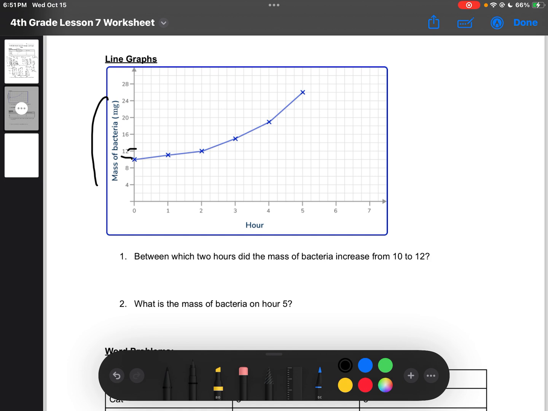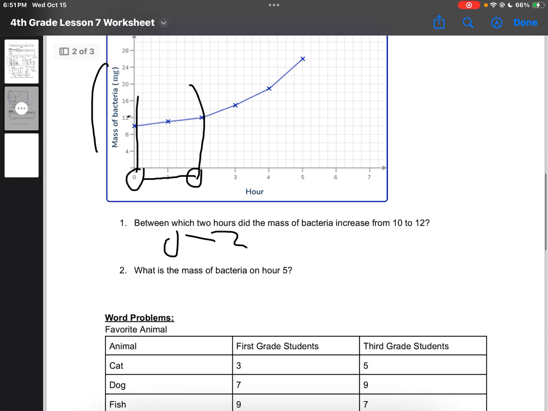We're trying to see between which 2 hours it increased. It starts at 0, and then it goes to 12 at 2. So it'll be 0 to 2 hours. At 0 it's 10, so it's between 10 and 12.